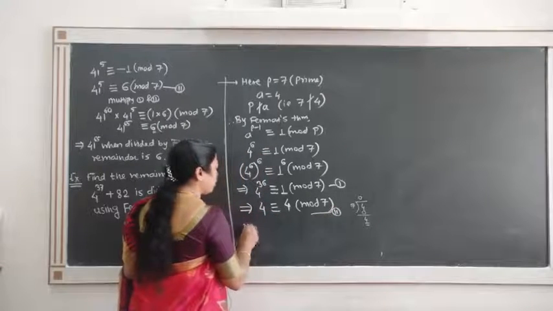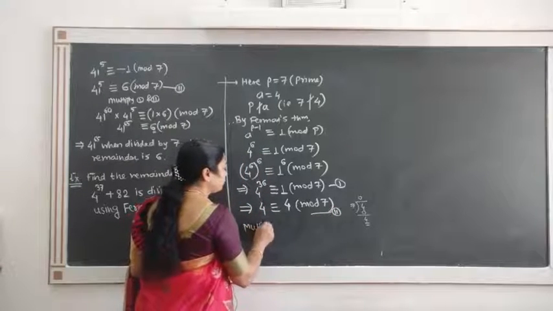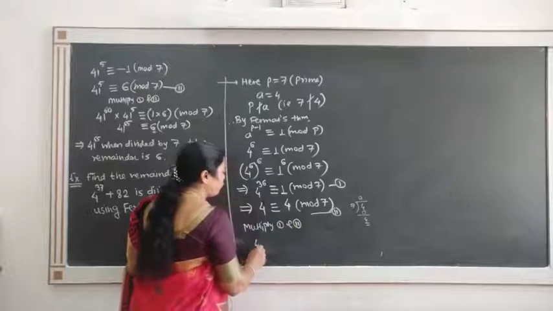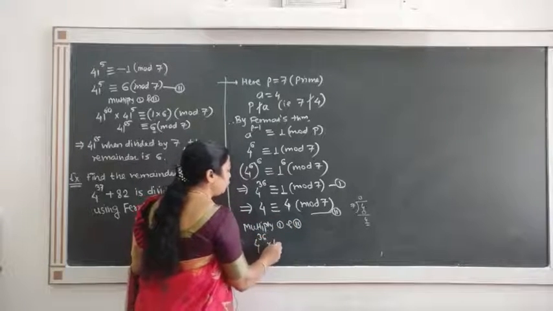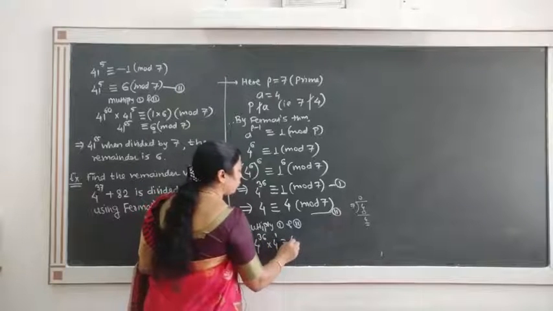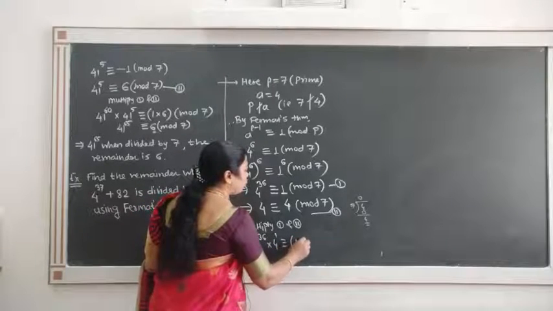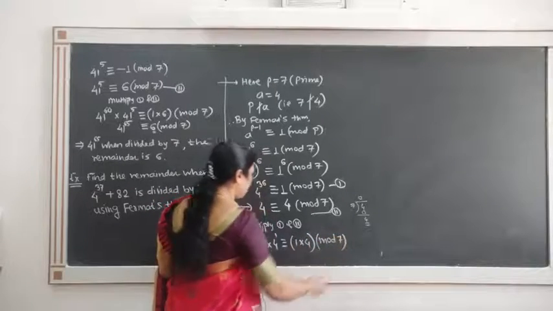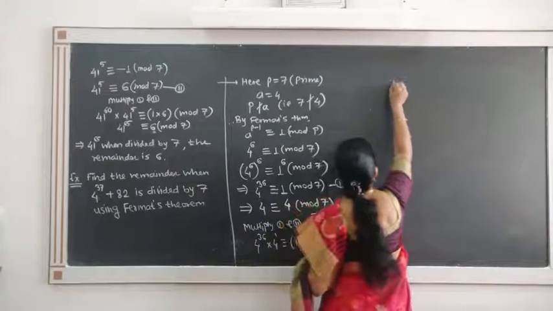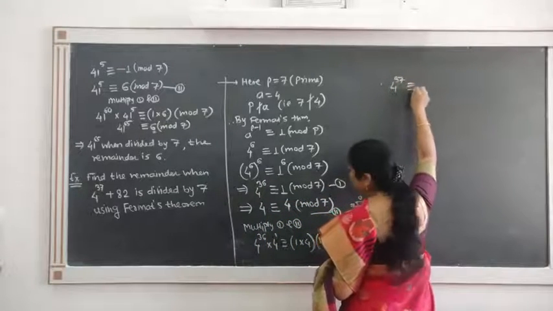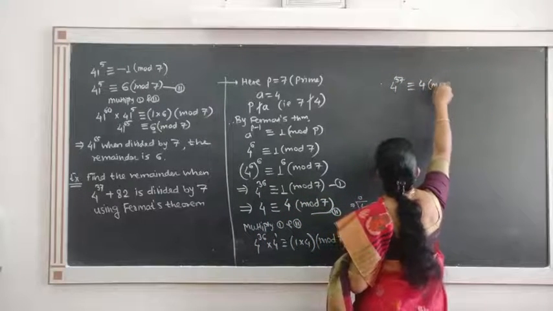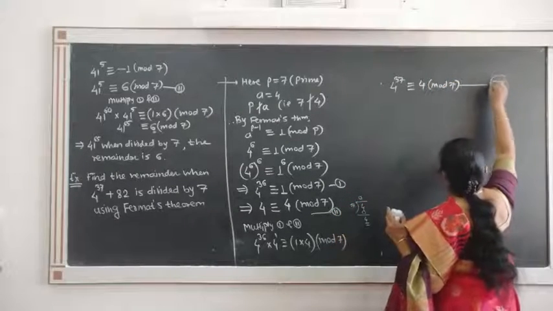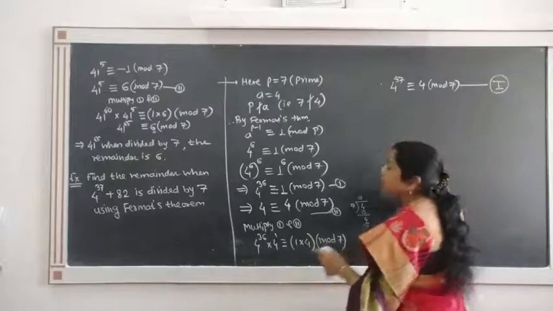Now multiply equations 1 and 2. Therefore 4 raised to 36 into 4 raised to 1 is congruent to 1 into 4 modulo 7. Therefore 4 raised to 37 is congruent to 4 modulo 7. We get the first result for 4 raised to 37.